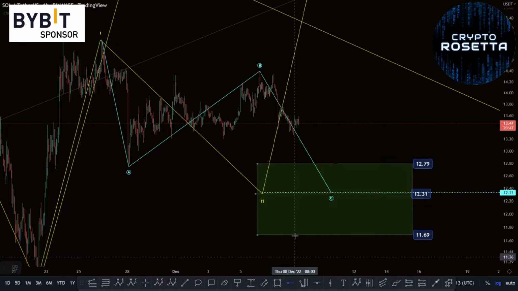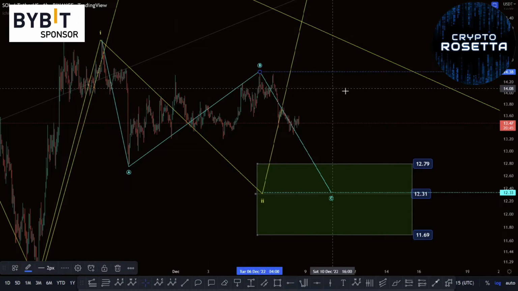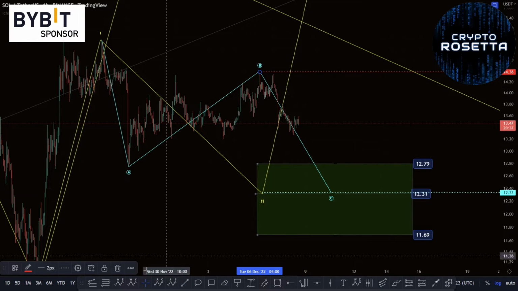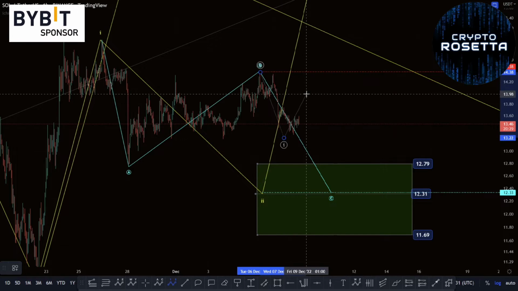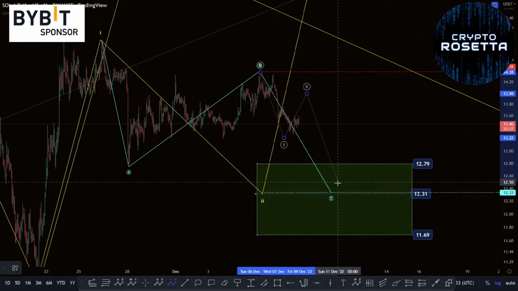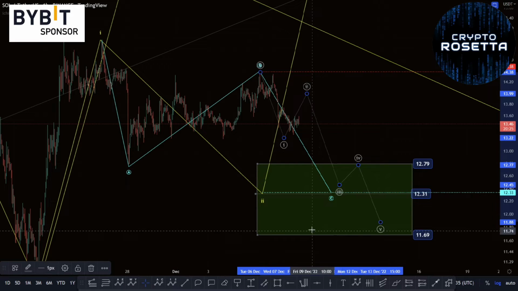And basically this teal movement to the downside, this ABC to these lows, would still be valid provided we stay below this 1438 area, in which case, if this is just going to be an A, a B, and a C, what we might see is actually that this comes down as a 1, we move up in a 2, we drop back down in a 3, 4, and a 5.